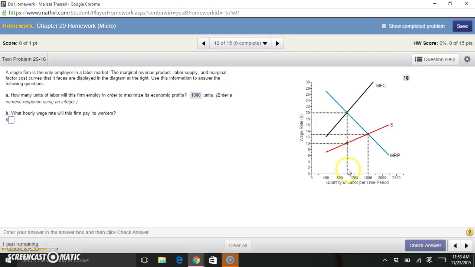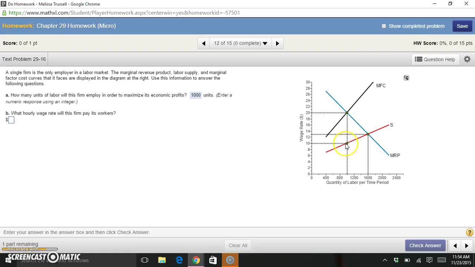We know we want 1,000 workers. So what's the wage that corresponds to 1,000 workers on the labor supply curve? It's right here at this dot. For 1,000 workers, the wage that's acceptable to those workers is $10 an hour. We've got to pay $10 in order to get 1,000 people to work for us. That's what the supply curve for labor tells us: if I want 1,000 workers, how much I have to pay.